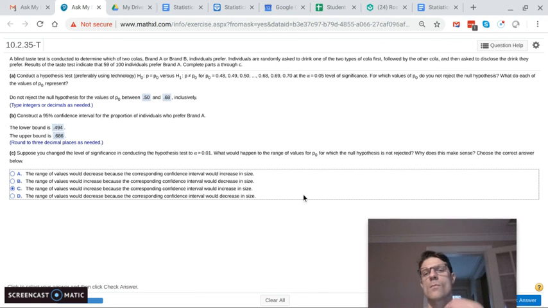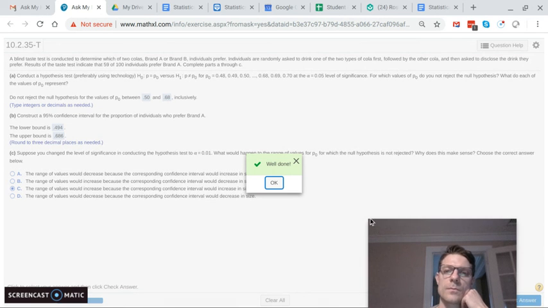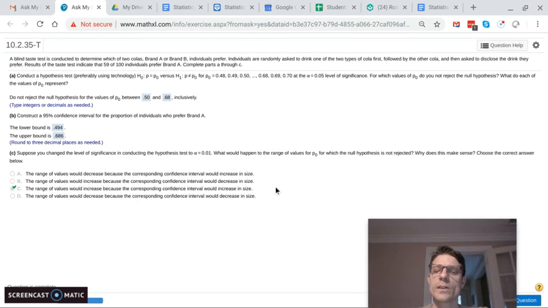Okay. So both the area that we do not reject the null hypothesis and the confidence interval at 99% would increase. So I hope that makes sense a little bit. This is a very conceptually deep question, but it connects two big themes in the class.